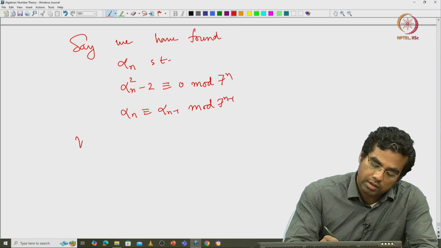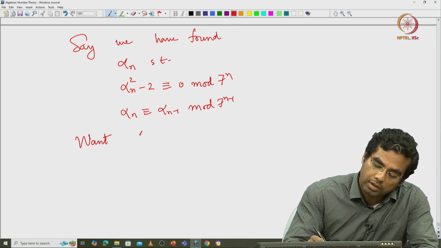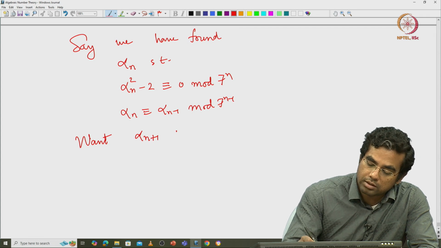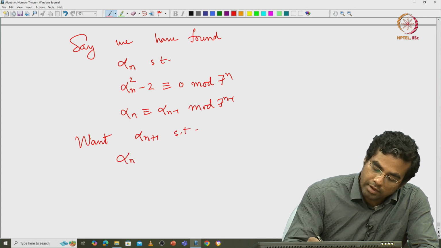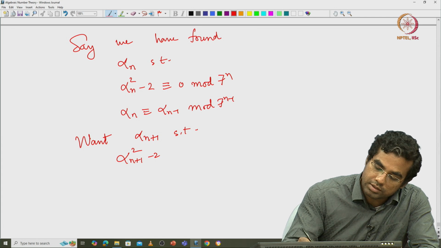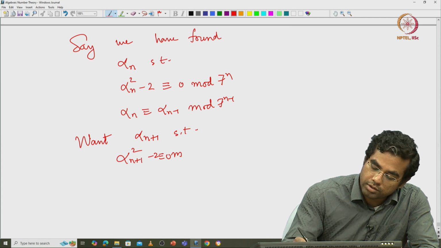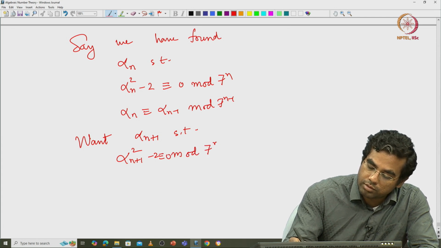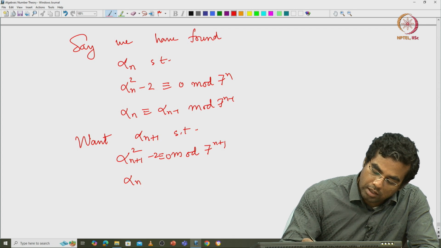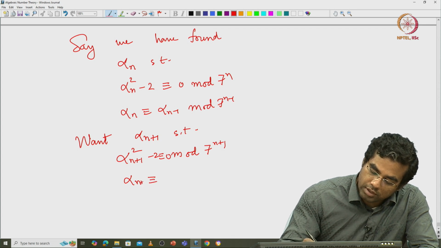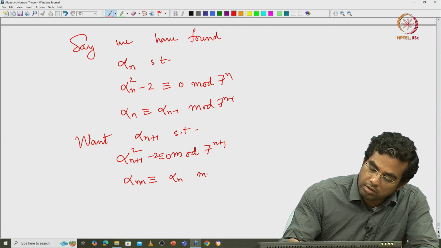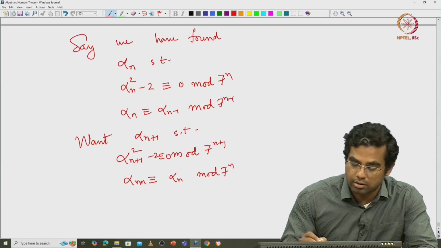Then we want alpha n plus 1 such that alpha n plus 1 squared minus 2 is congruent to 0 mod 7 to the n plus 1, and alpha n plus 1 is congruent to alpha n mod 7 to the n, right.